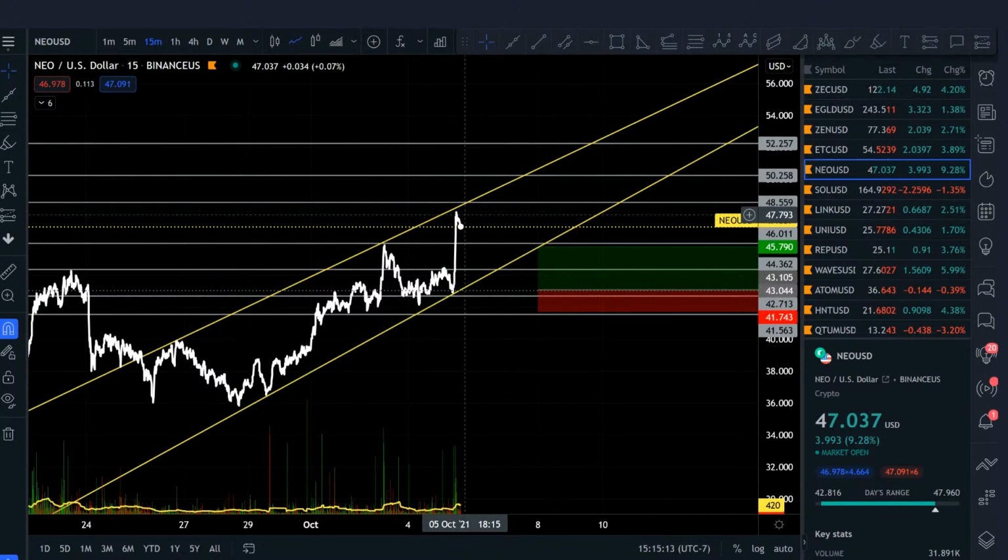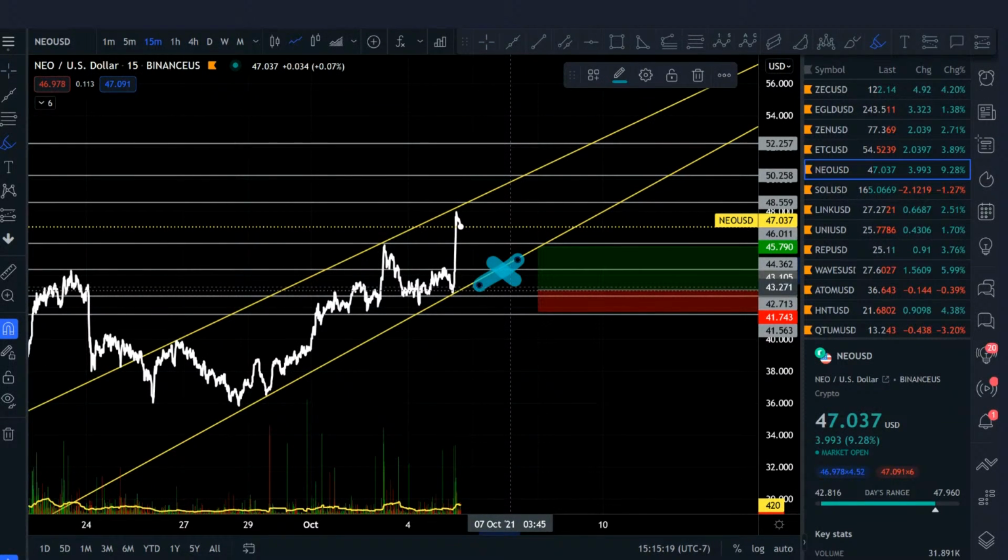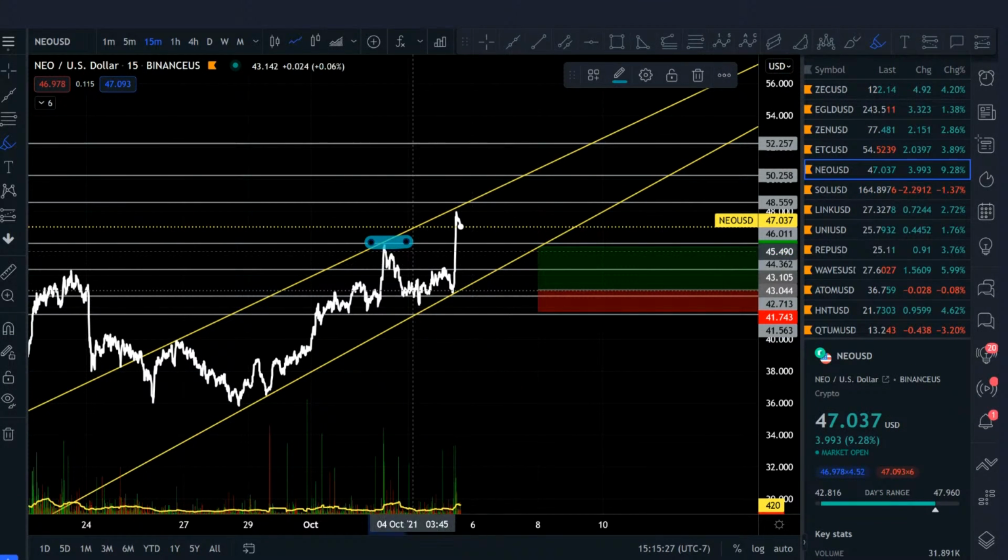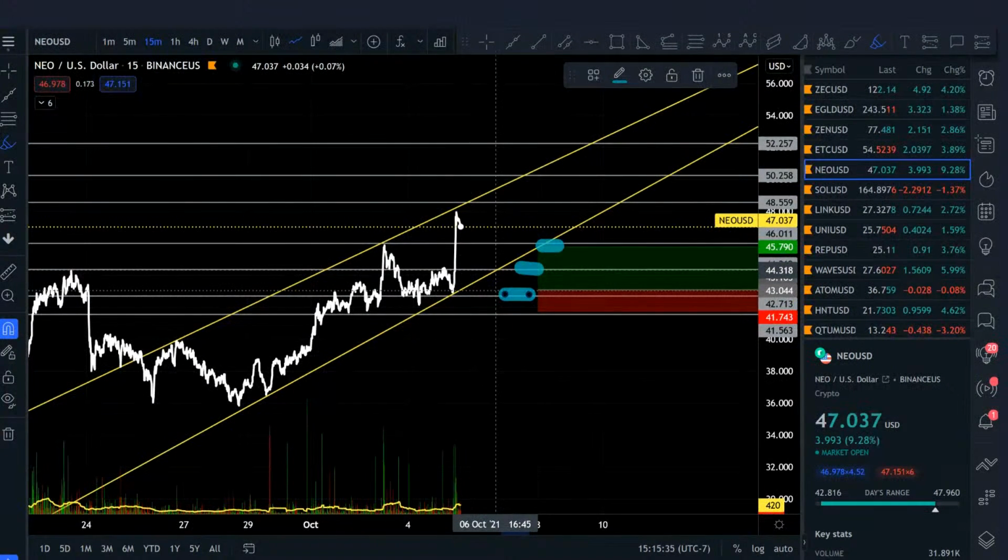For an example on Neo, if we pull back down, it might pull back down to 44 right here. X marks the spot. This is how you pre-plan trades. 44 or 46, right? Why do I know this? Because there's the support on the left side right here and support here and here. So any of these three numbers is our support. Depends on how aggressive you are in the market, right?